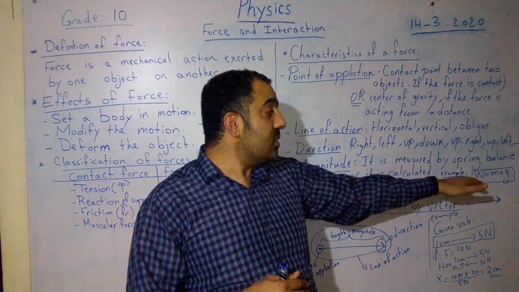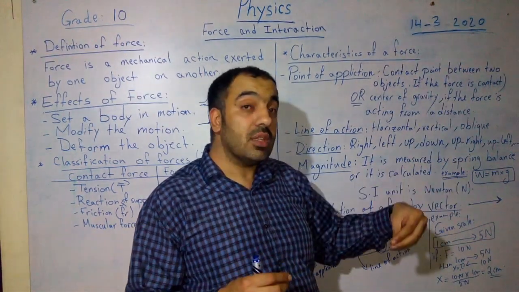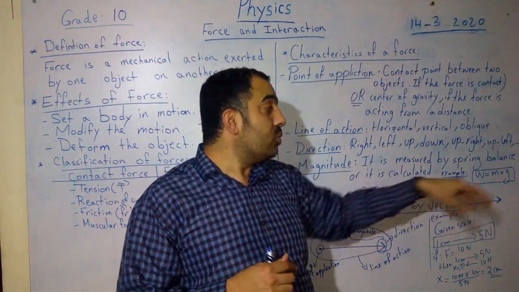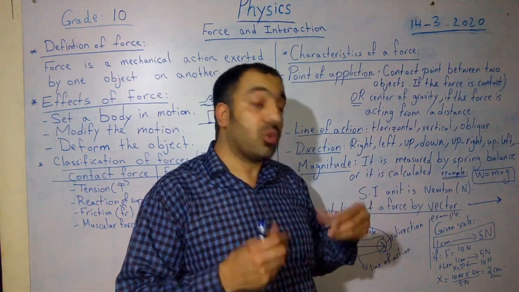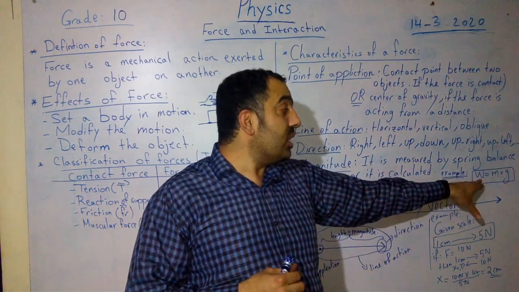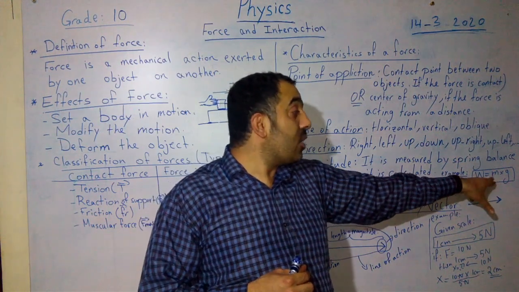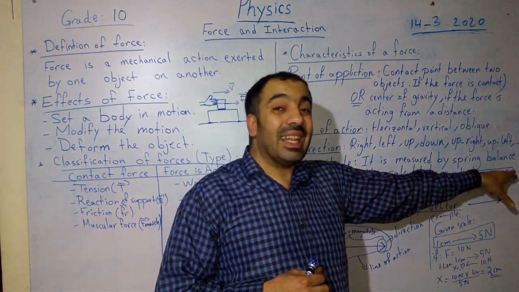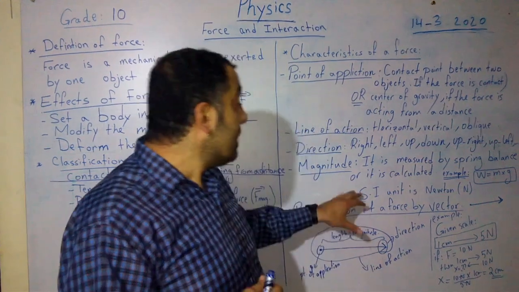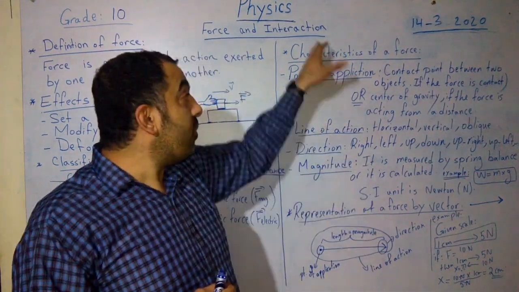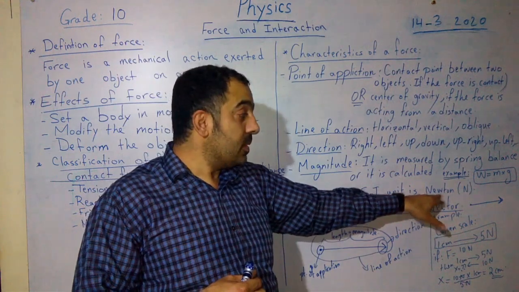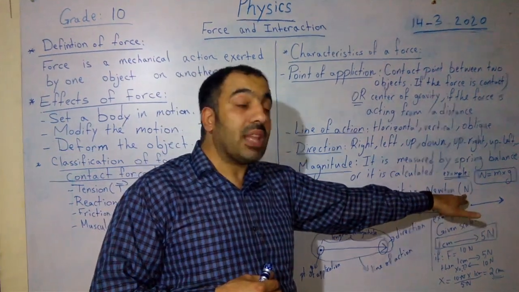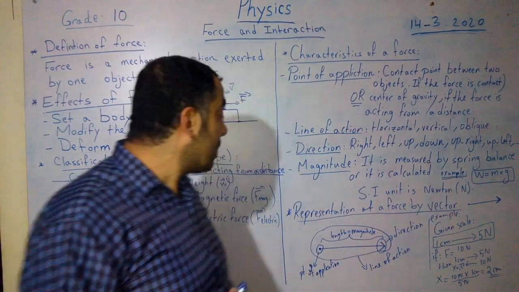For example, here we have the law to calculate the weight, the magnitude of the weight force: W, which is the weight, equals mass times gravity. Okay, the SI unit of the force is the Newton. The symbol is capital N.